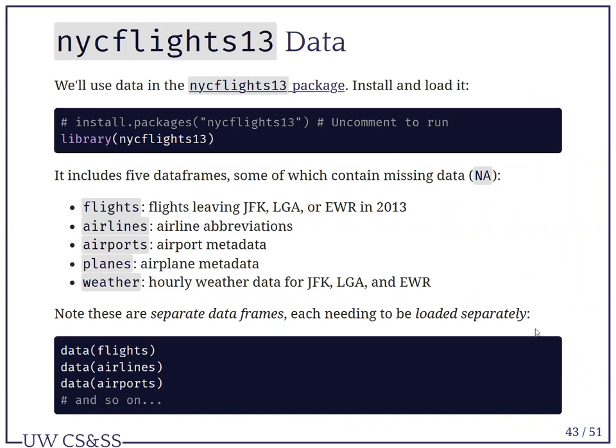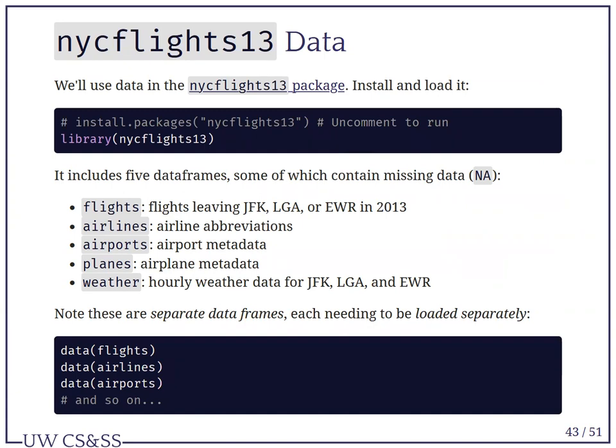That brings us to our data that we're going to be using for the homework this week, the NYC Flights 13 data. We'll use data from the nycflights13 package; to install it and load it, you can run it like this. It includes 5 data frames in it.